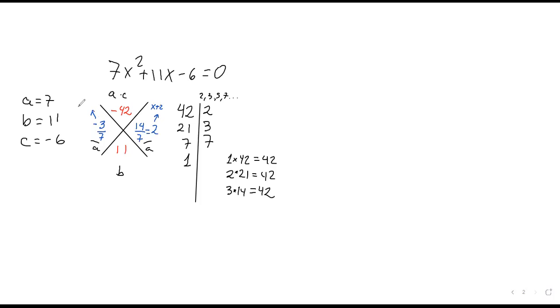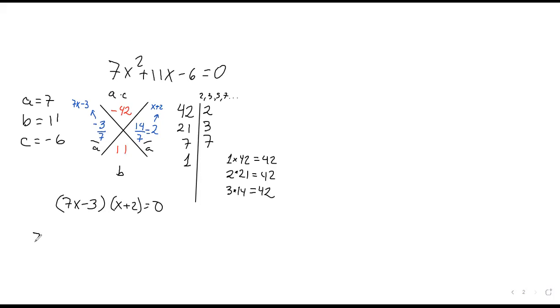For the other factor, when we have a fraction, we write the denominator with the x, 7 times x, and then the numerator with the sign that it has. Then our answer is 7x minus 3. 7x minus 3 is one factor, and the other factor, x plus 2, equal to 0. So this expression was factored, and now we have this one.